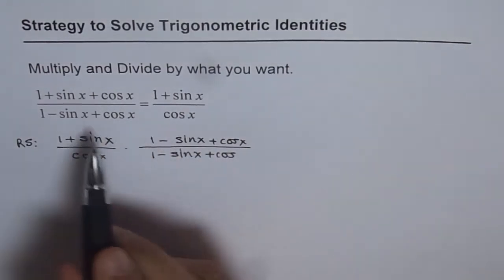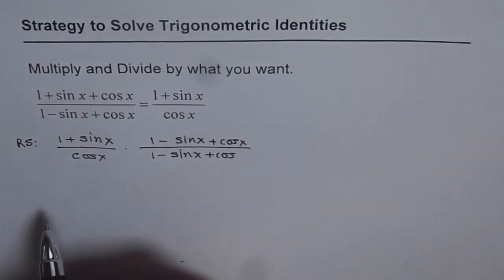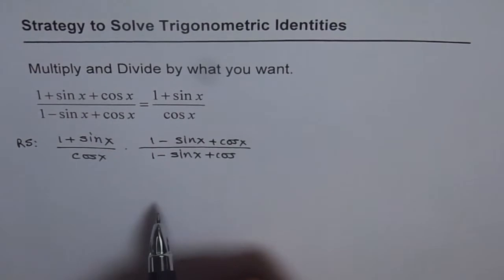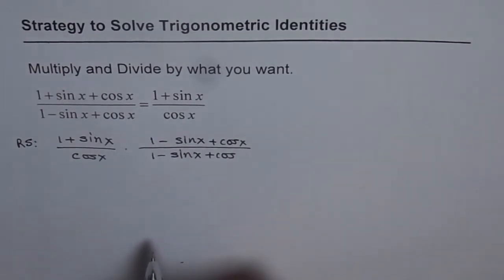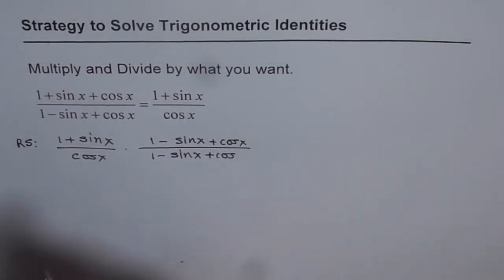Ultimately we need these two terms, this in the denominator, that one in the numerator. So let's put at least one of them and then see where we land. Hopefully we'll get the left side starting from the right side. So with that optimism, let's multiply, and this particular technique really works.